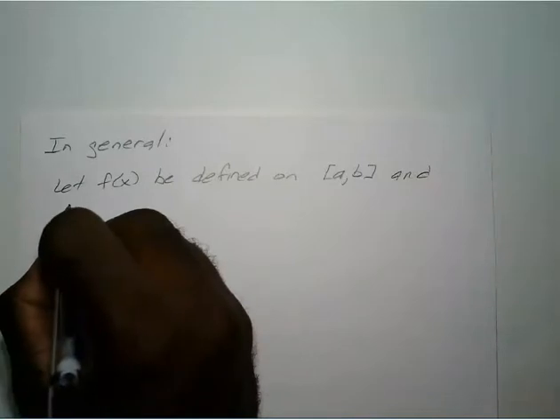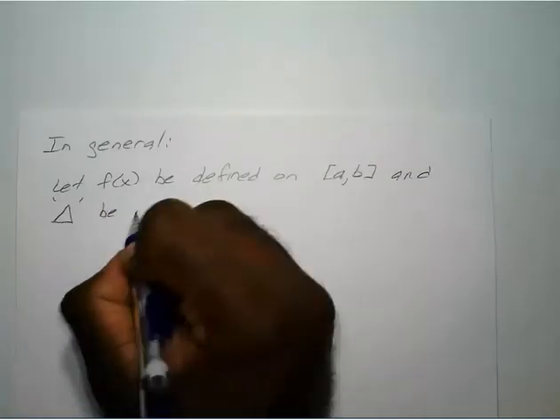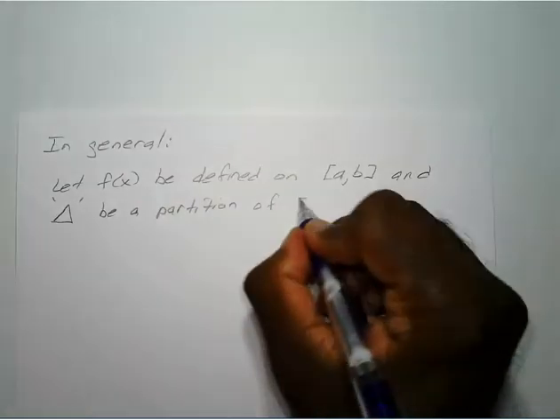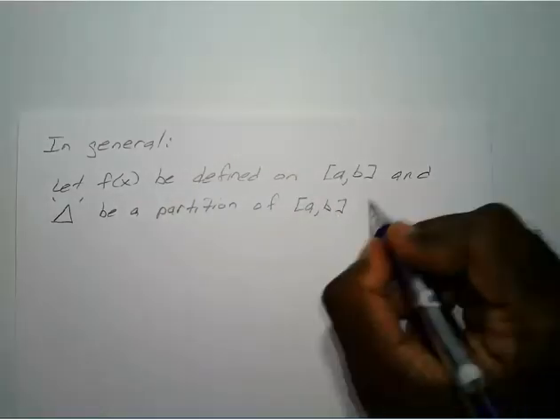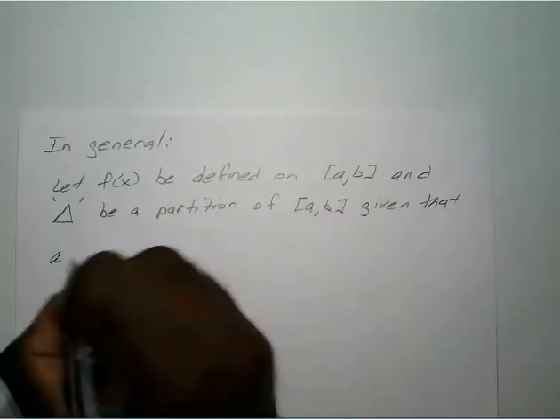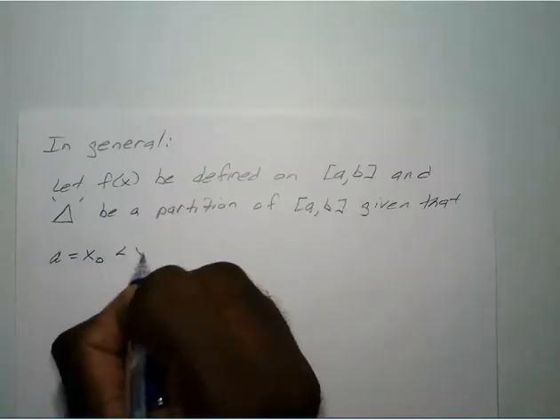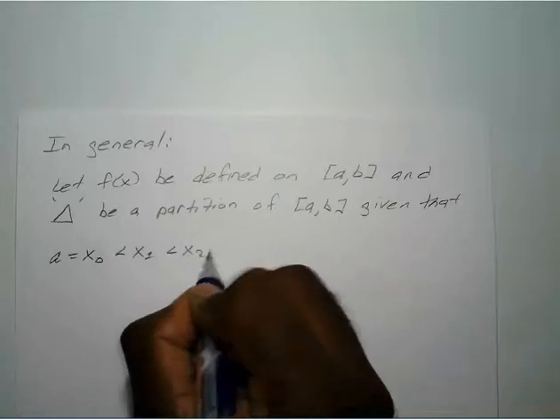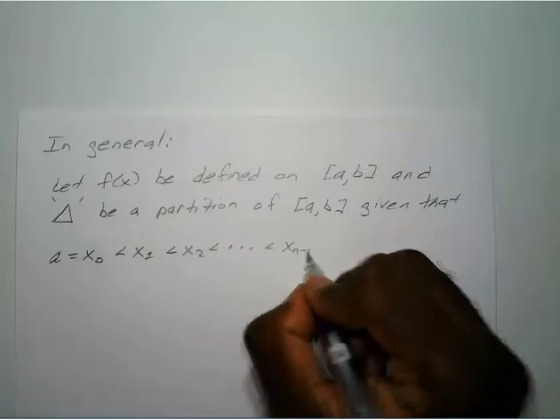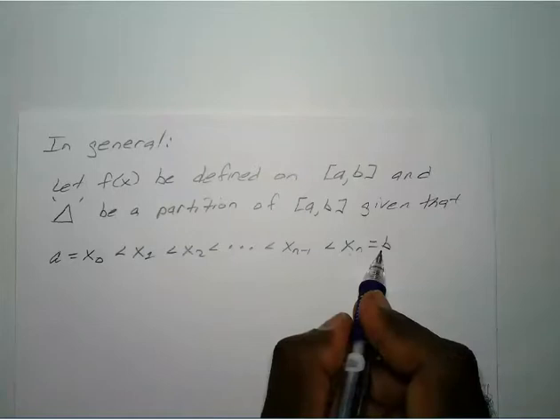and we're going to let our delta be a partition of the interval from a to b, given that our a, which is equal to our x sub 0, so that's going to be our first point, is less than x sub 1, less than x sub 2, less than a whole bunch of other points, which is less than x sub n minus 1, which is less than x sub n, where our x sub n is equal to our b.